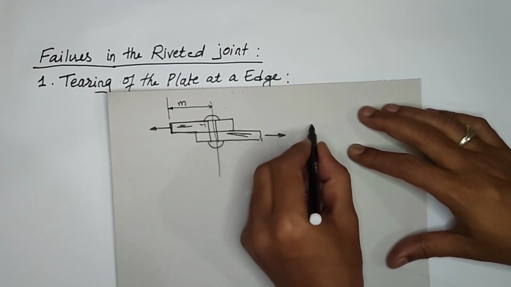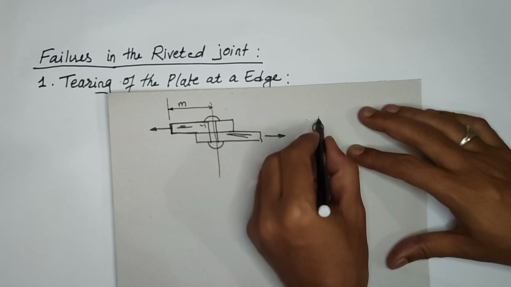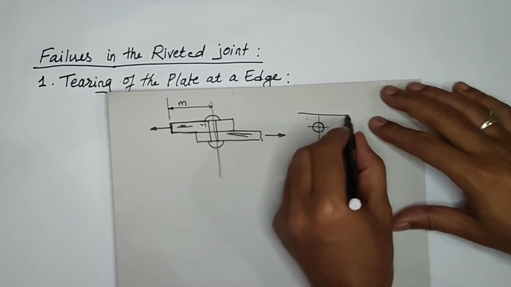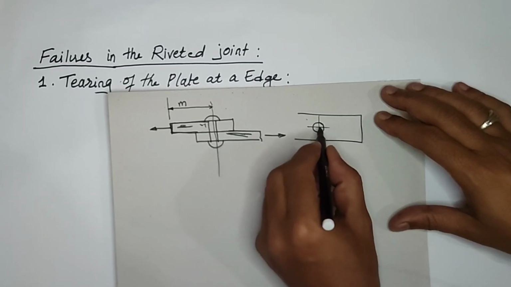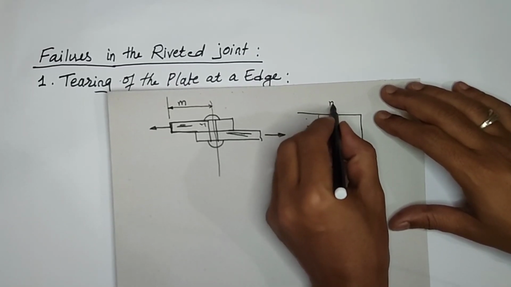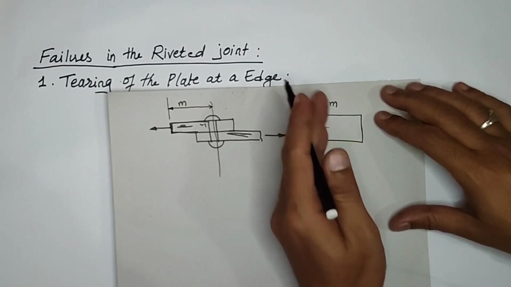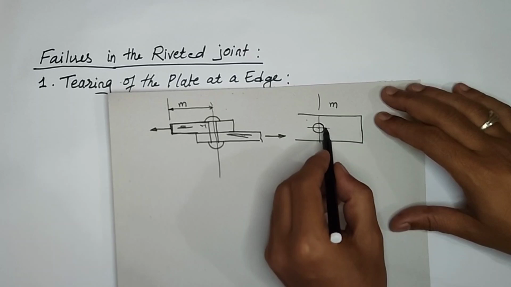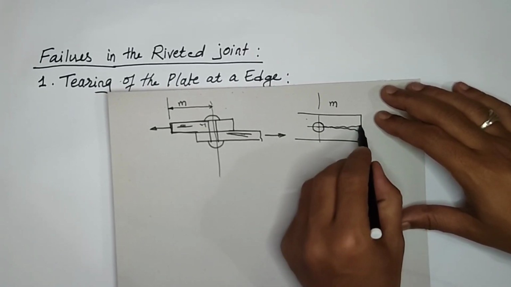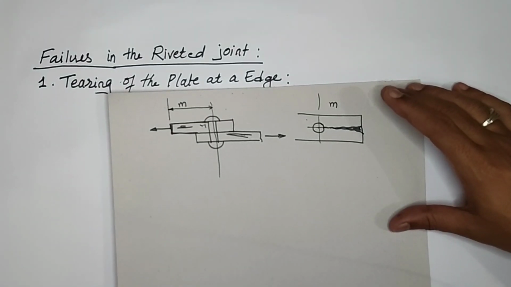If you look at the top view, there is a rivet here and this is an edge. If a margin is not provided from the center of the rivet to the edge, then the plate may tear off like this.